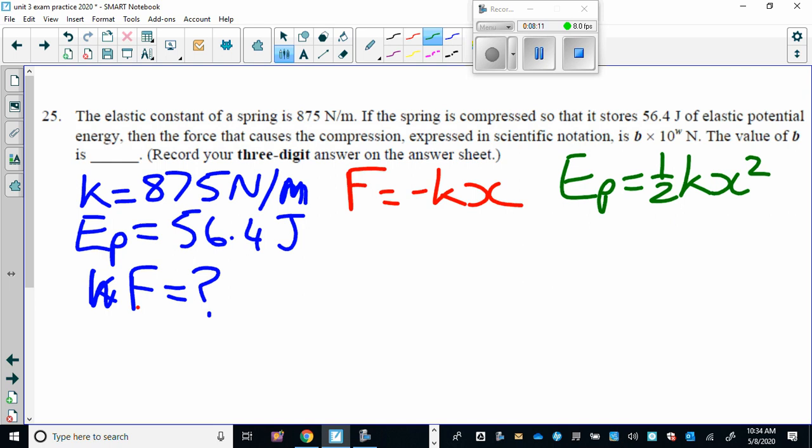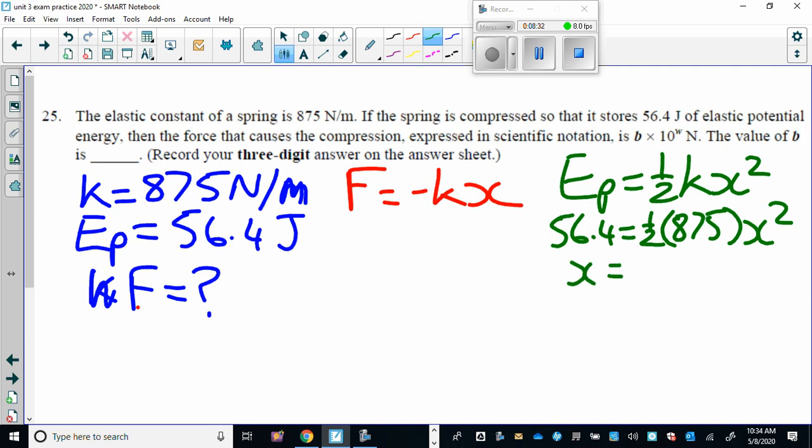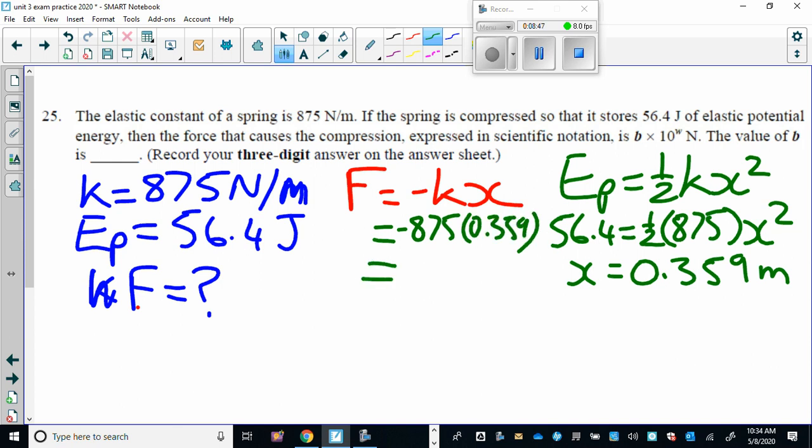You can put in the 56.4 here and the 875 there and solve for x, or you can manipulate the formula for x, and you turn out to get an x value of 0.359 meters, at which point you can just plug those numbers into this formula. And that turns out to give you an answer of 314.